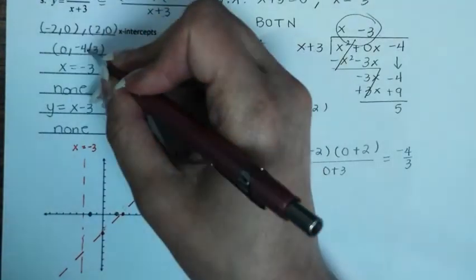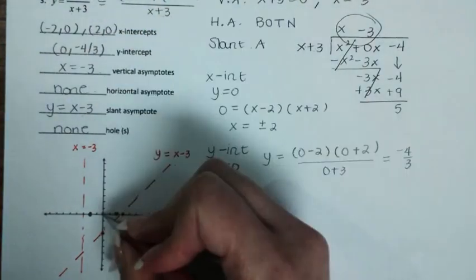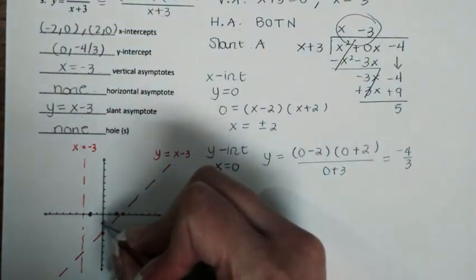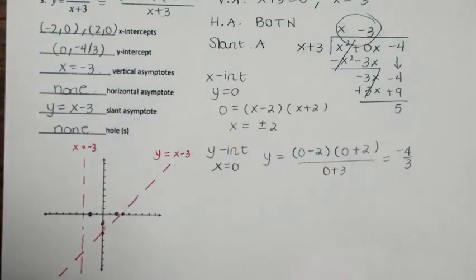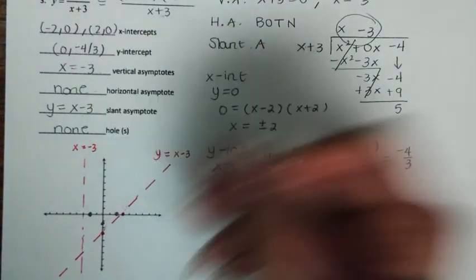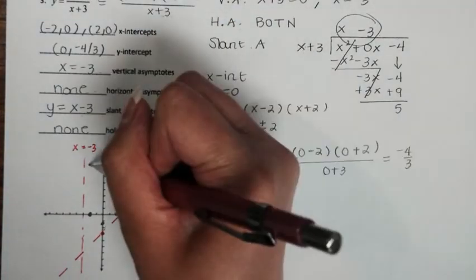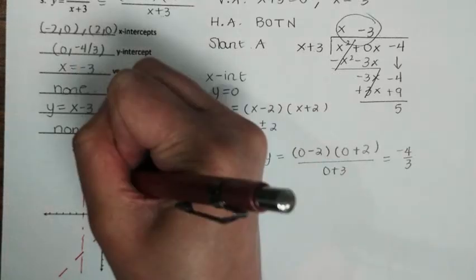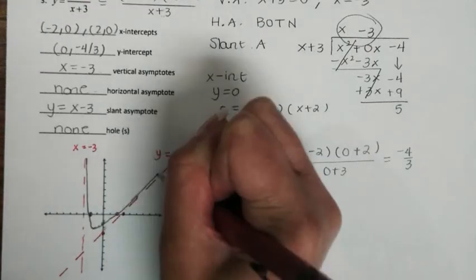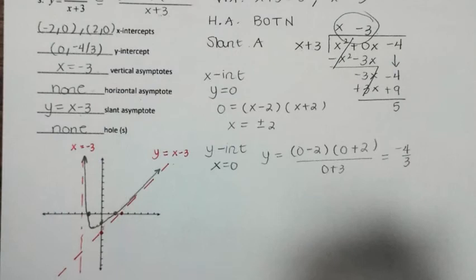Then we have (0, -4/3), so it's going to be a little bit below the -1. You have it there. Do you have more information? Not really. So I have something that looks like this, and remember, go close to the asymptote. That's why the asymptote is there.